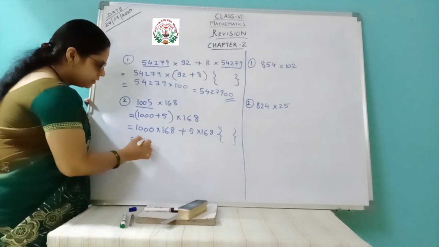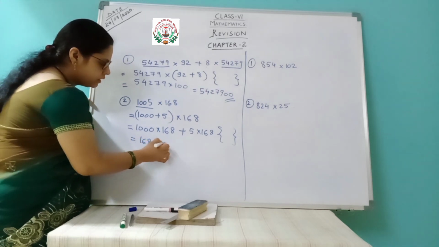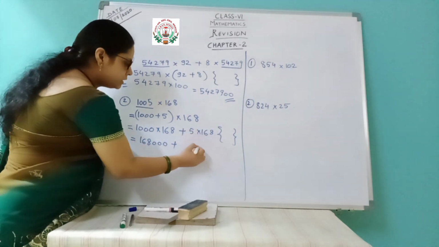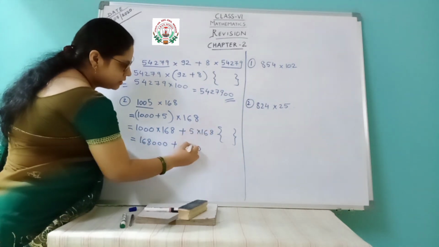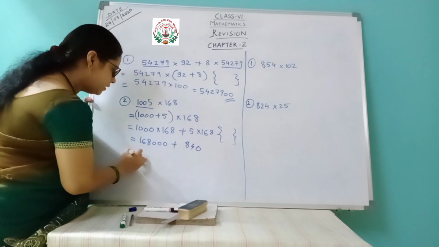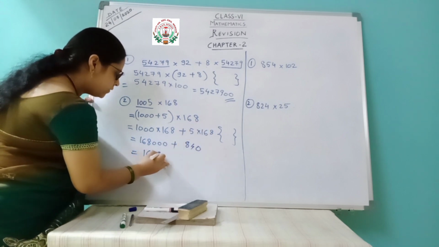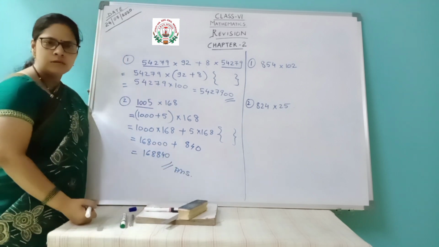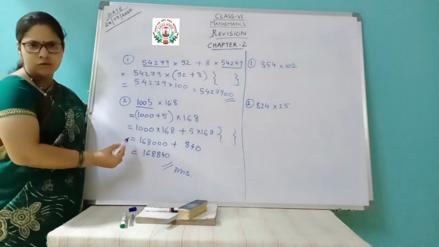Now multiply. It is 168 and 3 zeros will come, plus multiplication of 5 easily you can do. 5 8s are 40, 0 and carry 4, 5 6s are 30, 34, 3, 5 1s are 5, 8, so 840. So 168,840, this is your answer. So easily and quickly you got this answer. This is the use of distributive property.